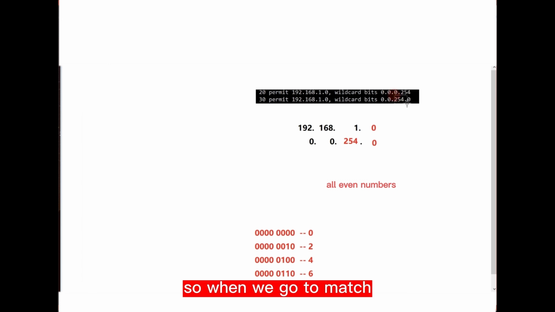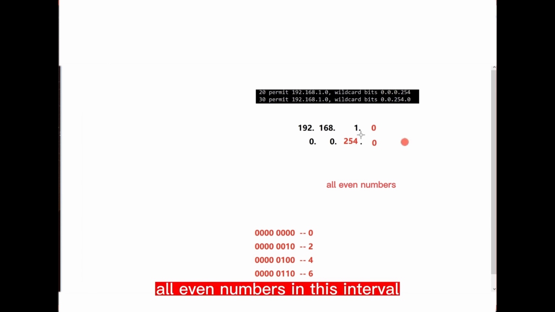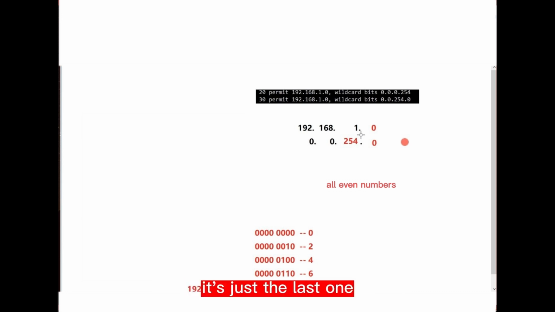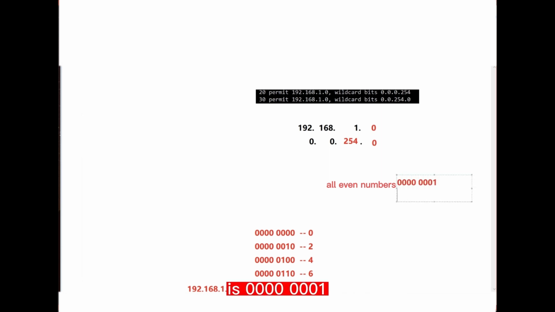So when we go to match, it is equivalent to matching all even numbers in this interval. Look at the 254 just now, it was just the last one. Now this 254 is placed in the middle. This is 00000001, and the mask is 11111110.